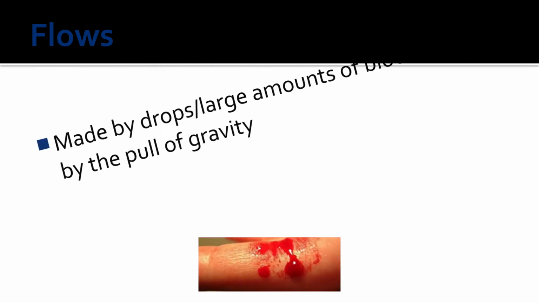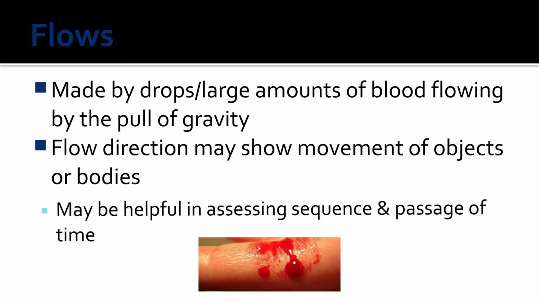Another type of pattern is called a flow, and these are made by drops or large amounts of blood flowing to a surface by gravity. The flow direction may show the movement of the objects or the body during the incident, and it may be helpful to assess sequence and passage of time.